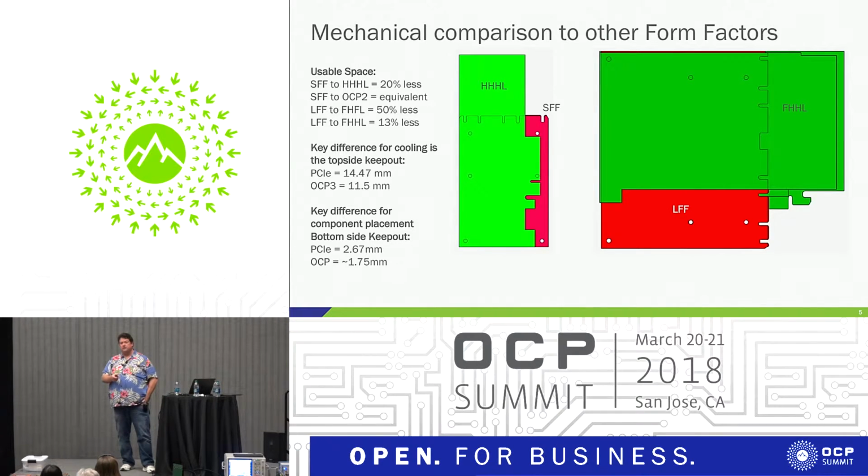The small form factor actually is more usable space because of where the Bergstack connectors were, and they took up so much top and bottom space. But the actual PWB area from a square millimeter perspective is about the same. So we're in a better spot with 3.0 than we were with 2.0, even though the actual square millimeters is about the same.